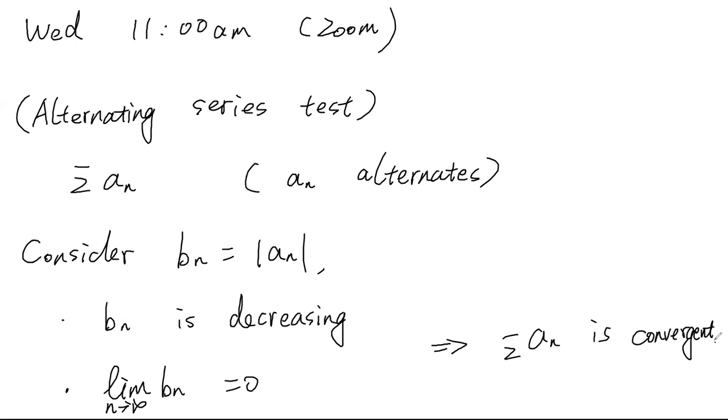And this is the alternating series test. If the test fails, it doesn't mean the series is not convergent. It just means you need to find another way to determine whether it's convergent or divergent.